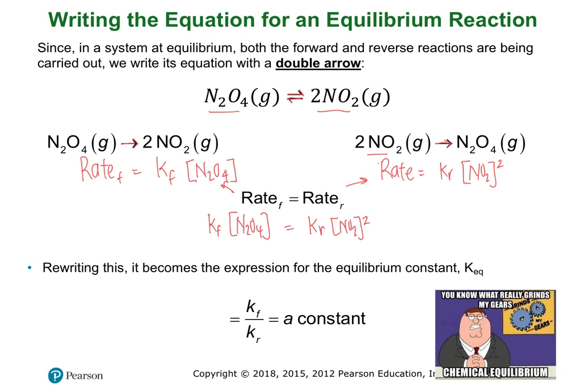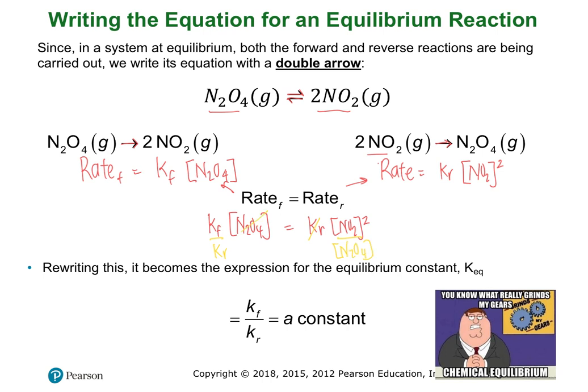If I rewrite this, I can solve for Kf over Kr. I'll do it in a different color. I'm going to divide by Kr to get my rate constants by themselves, and divide by N2O4.